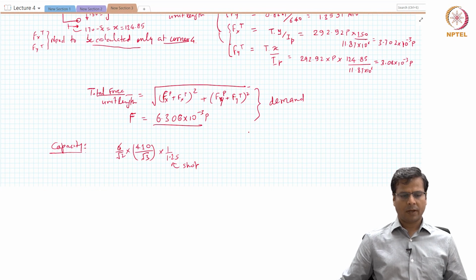Okay, so now, multiplied by the LW, but LW we are assuming unit for the time being, and this can be calculated as 795 Newton per millimeter. So this is the capacity of this weld per millimeter length, and the demand was this much.